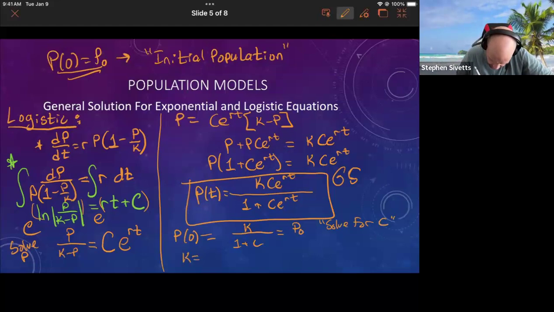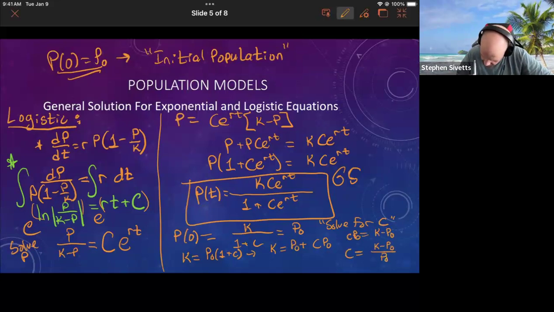So we'll have K is equal to P0 times 1 plus C. Right, so K is equal to P0 plus C times P0. And then C times P0 is equal to K minus P0. And then, so C is equal to K minus P0 over P0.